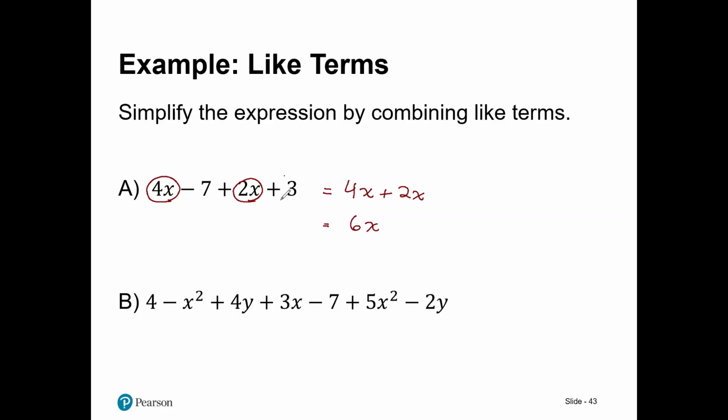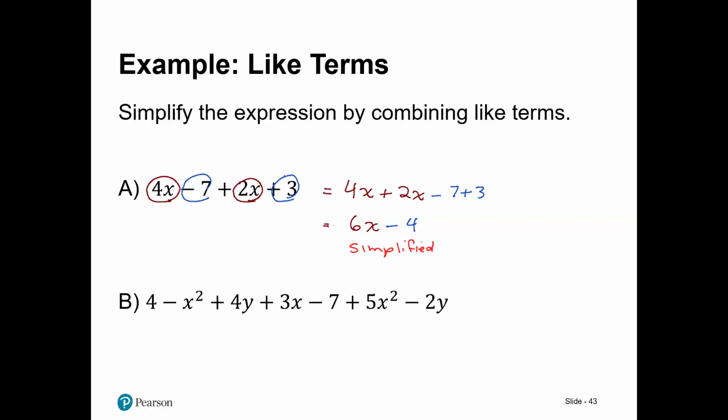These constant terms are also like terms, so -7 plus 3 gives us -4. Now this is simplified. Part of the rules of simplifying is that we like to combine like terms. We also like to get rid of parentheses. There's a bunch of different rules to simplifying.